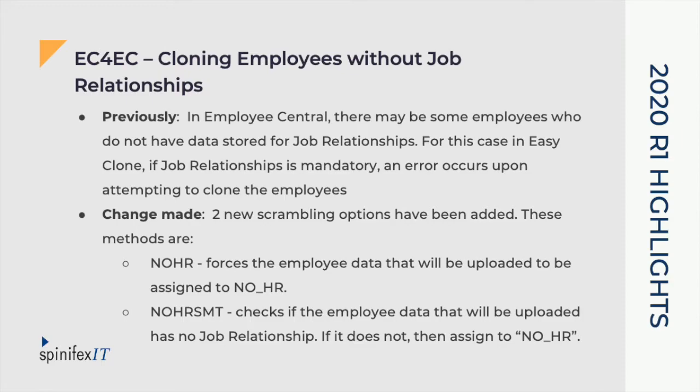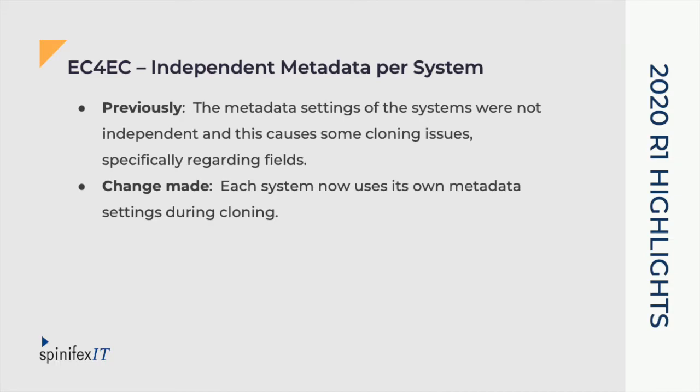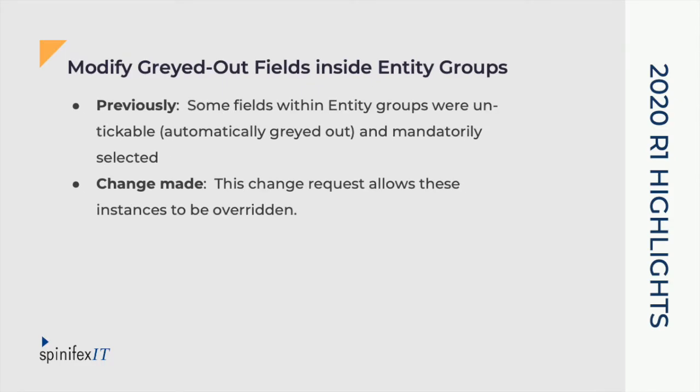Previously, before this release, that would just simply cause an error. We are also sidestepping some errors with cloning that were related to metadata settings and changed some other settings which were previously grayed out and unchangeable by the user, so that now the end users can maintain those particular checkboxes.